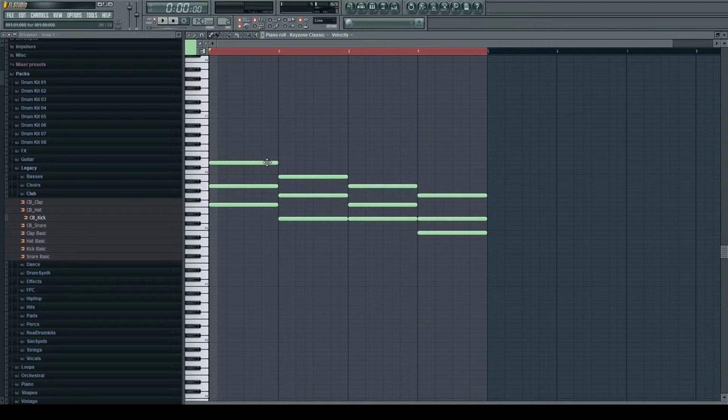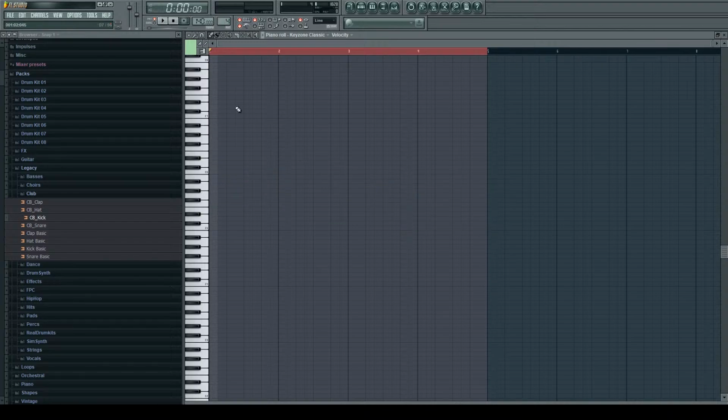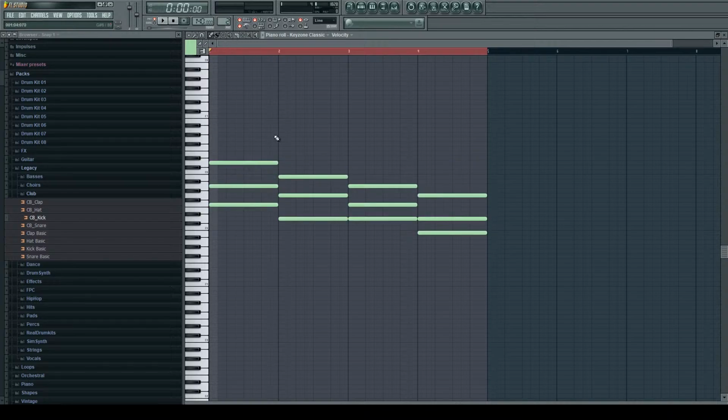Now again, if you look at the leading tone, the topmost note of a chord, it's gonna look like this.